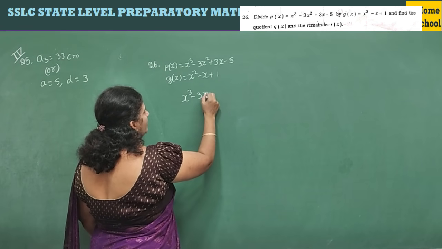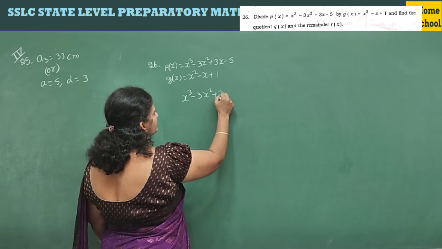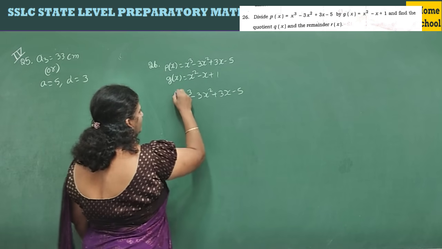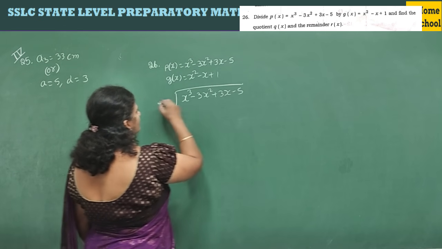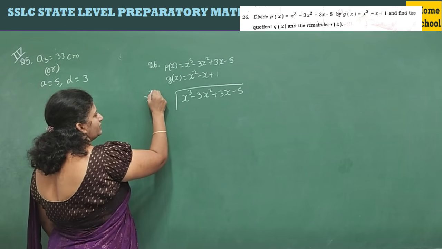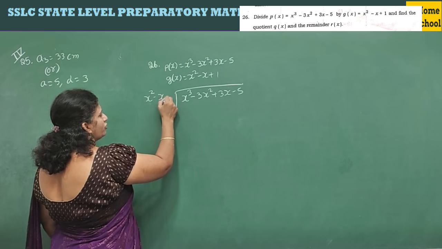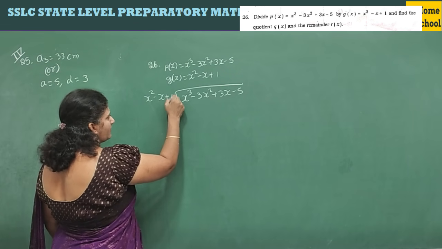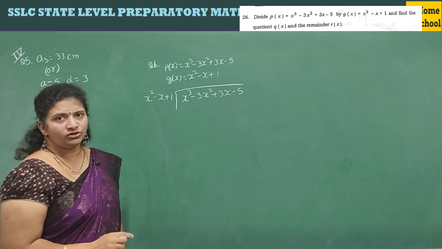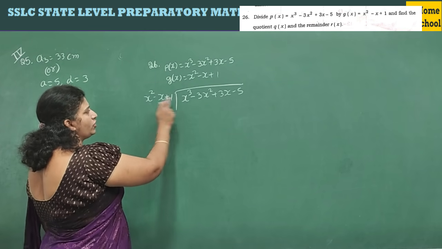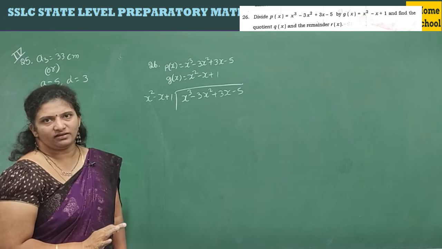And now start dividing. x cube minus 3x square plus 3x minus 5, and this one is divided by g of x, x square minus x plus 1. How are we going to divide? x cube by x square.